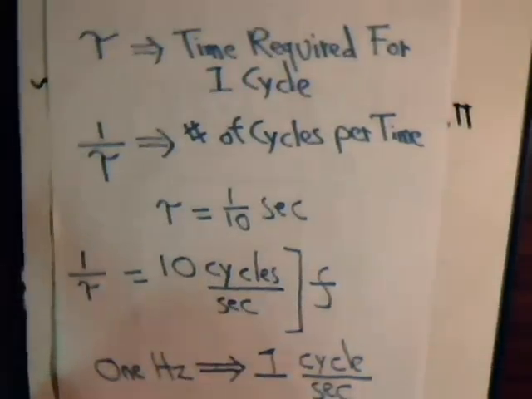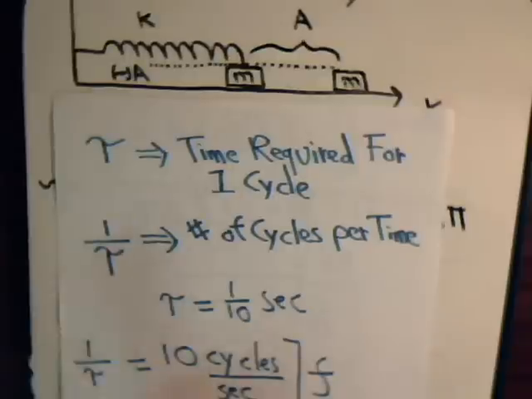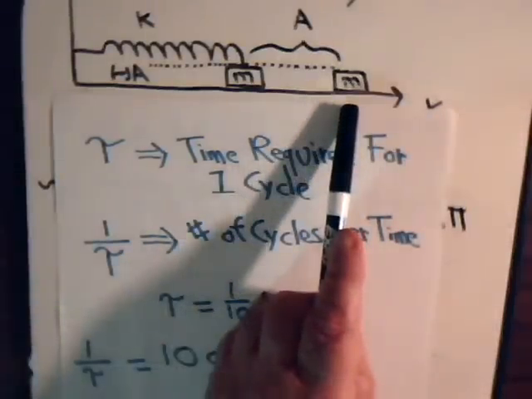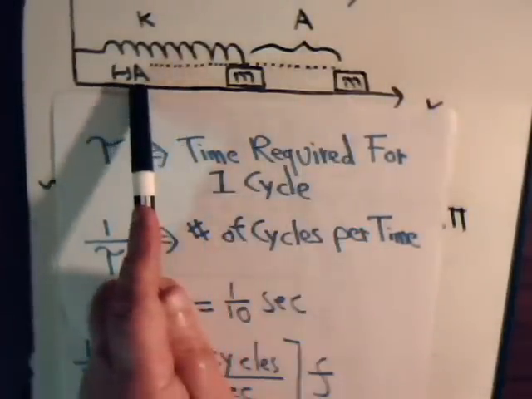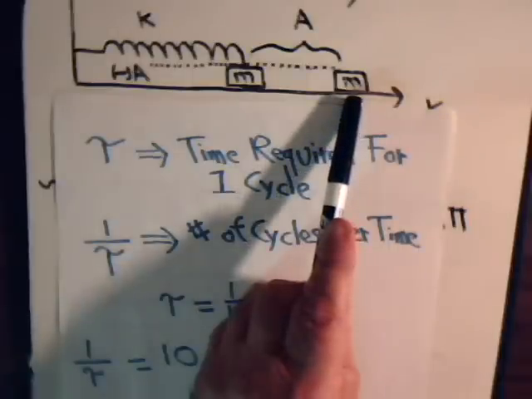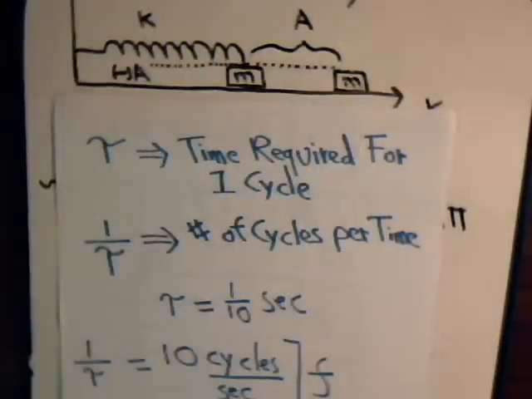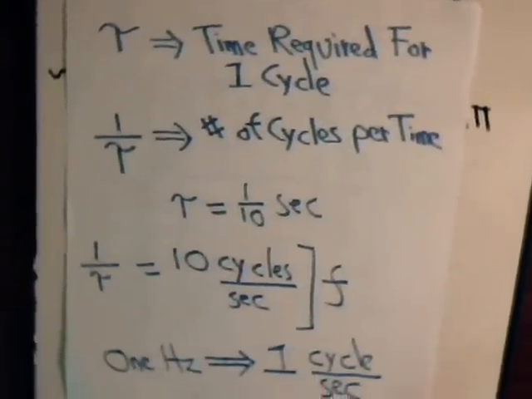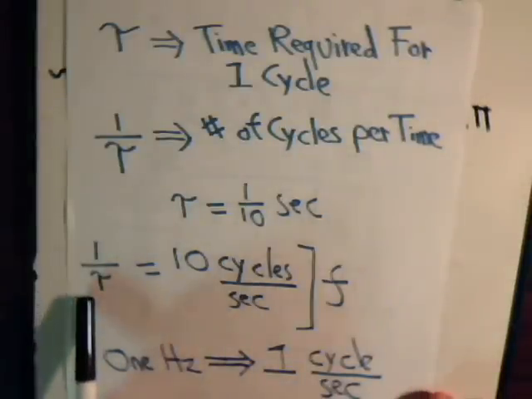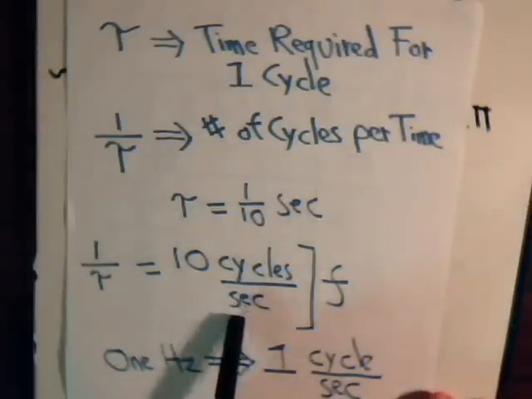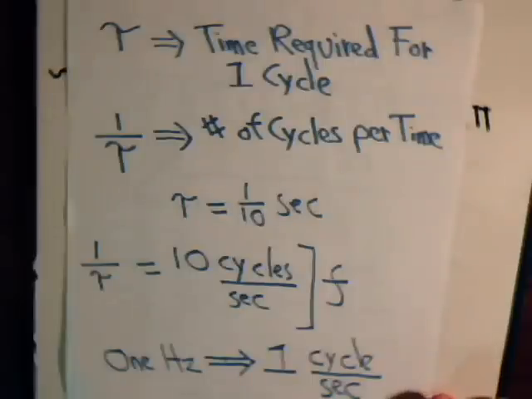So that means it would take 1/10 of a second for the block to go from here over to here and back to its starting position. Well, then, if it takes 1/10 of a second to do that, obviously in 1 second, it's going to go back and forth 10 times. So the reciprocal of the period is 10 cycles per second, or that's the frequency.